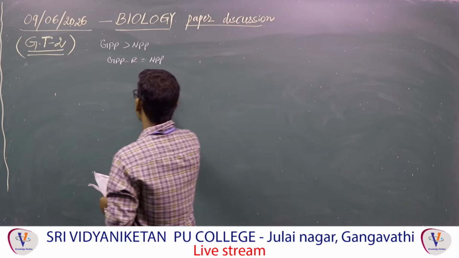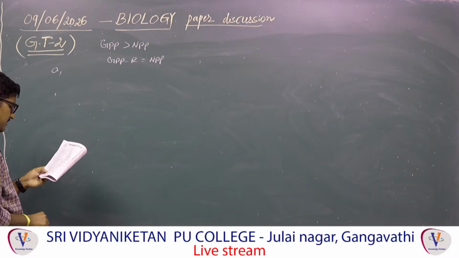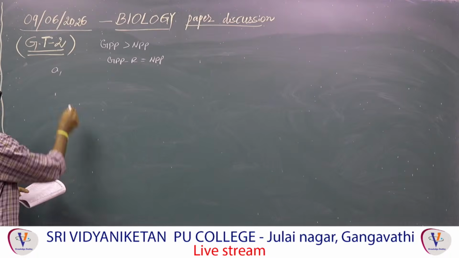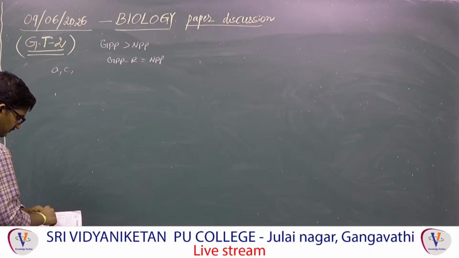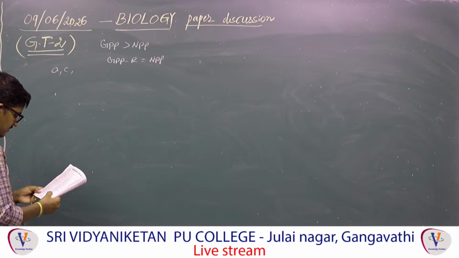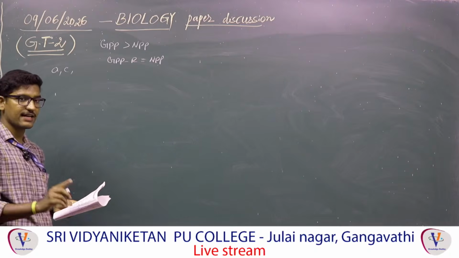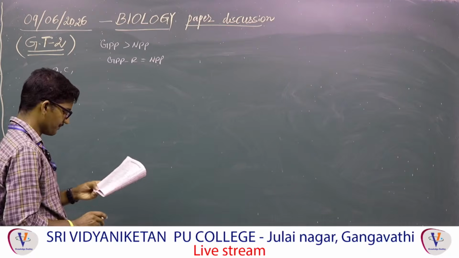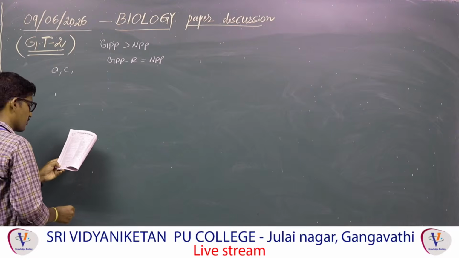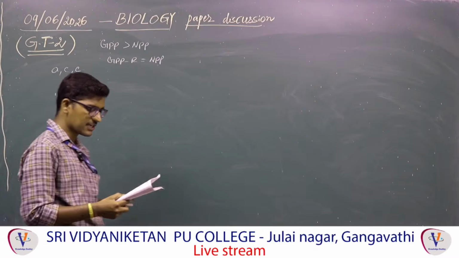C, in Ascomycetes, Basidiomycetes, dikaryotic phase is yes, it is correct. Next, in the statement D, both DNA and RNA as their genetic material. No, virus contains either DNA or RNA, any one is there. So D is wrong. Next, E, viroids are smaller than viruses. Yes, E is correct. So answer is A, C, E.